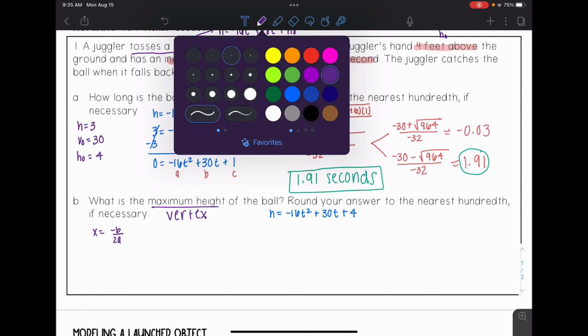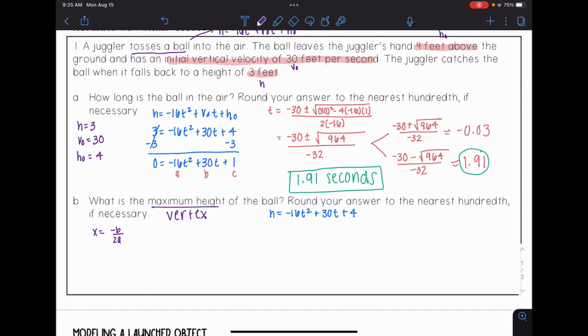So that means that my b is 30, so the opposite of b is equal to negative 30 over 2 times a, which is negative 16. So it's going to be negative 30 over negative 32. And if I were to go ahead and simplify that, I can take 2 out and I get 15 over 16.